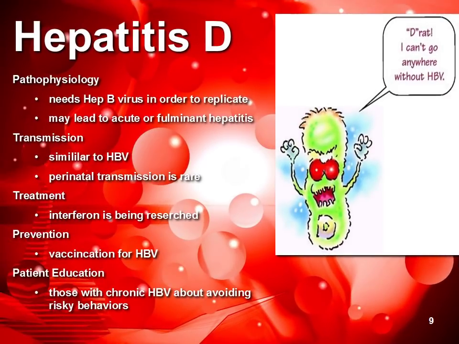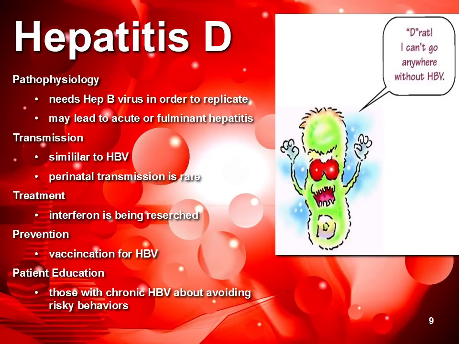Hepatitis D. Pathophysiology. The virus needs the hepatitis B virus in order to duplicate. So the client cannot have hepatitis D without having hepatitis B. The outer coat of hepatitis D consists of hepatitis B surface antigen around a single strand of RNA virus.